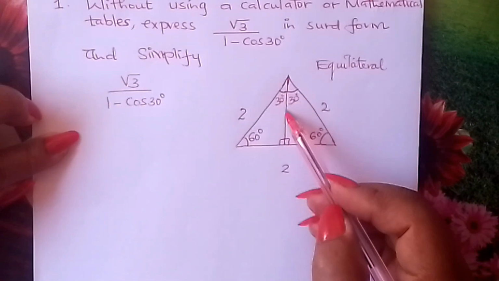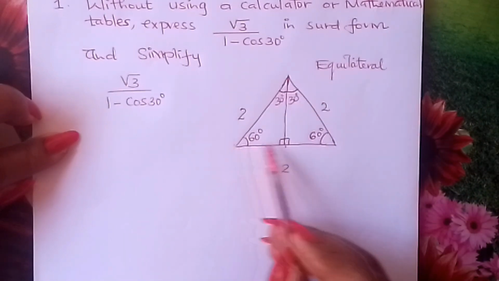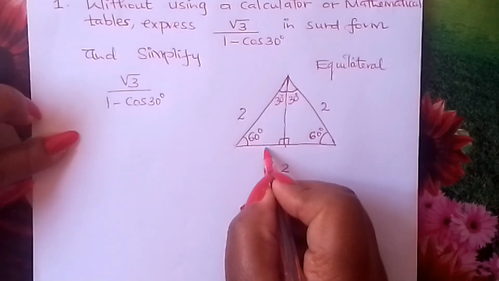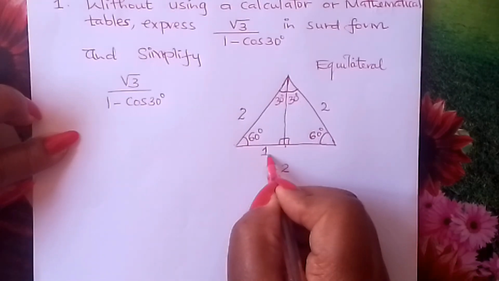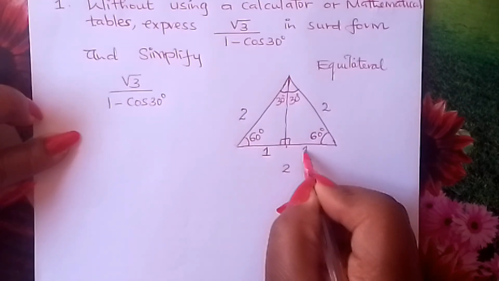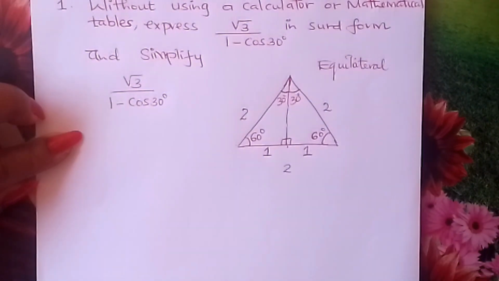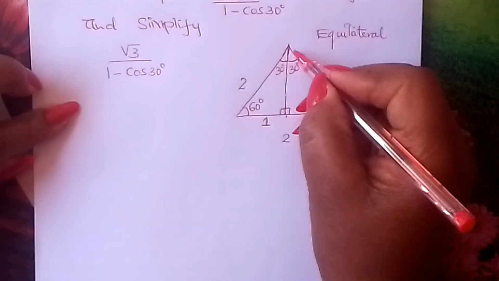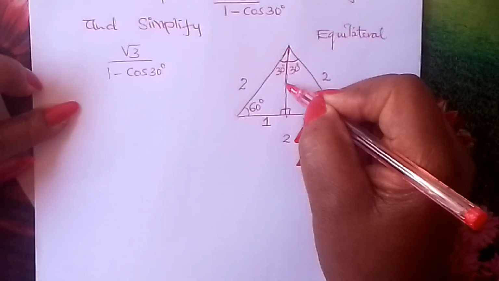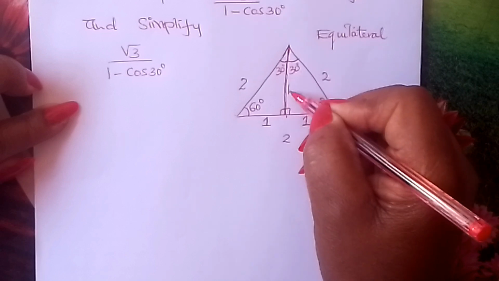By dropping this perpendicular, learner, the base, which is 2 units, is divided into 2 equal parts. So here we have 1, and here we also have 1 unit. Then the other thing is to find this height, call it h.